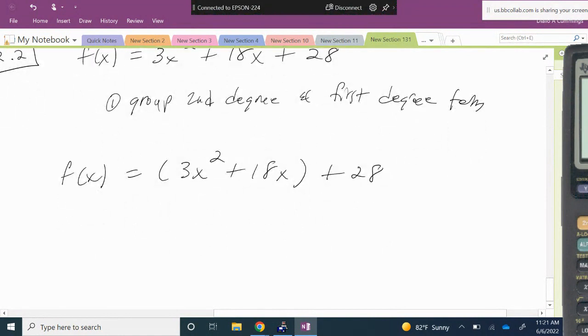Now this is what we did not have to worry about in that previous problem. Notice here that the coefficient for our squared term is not a 1. We have to force it to be a 1. I'm only worried about this second degree term being a 1. I'm not worried about the first degree term.